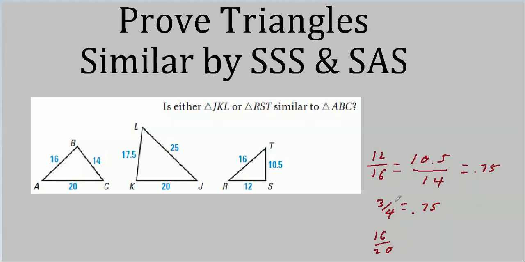12 over 16 is 3/4, which is 0.75. 10.5 over 14 is also 0.75. And our last ratio would be 16, that's RT, and AC. Here's AC, RT, so it's 16 over 20.